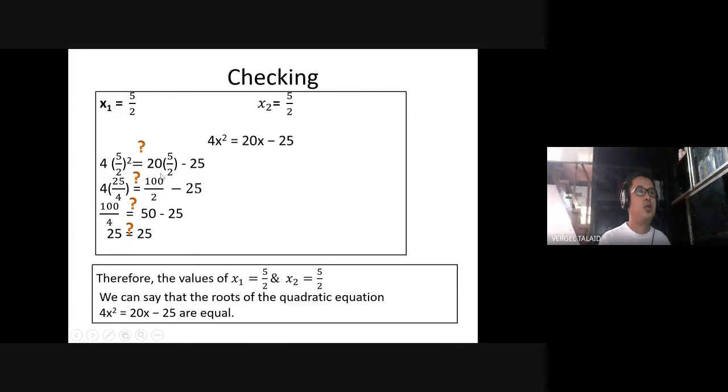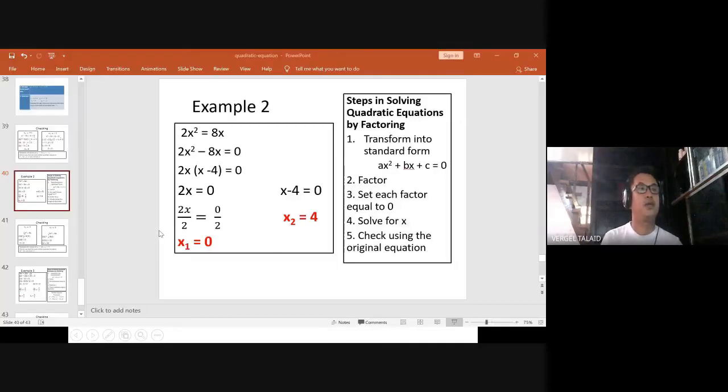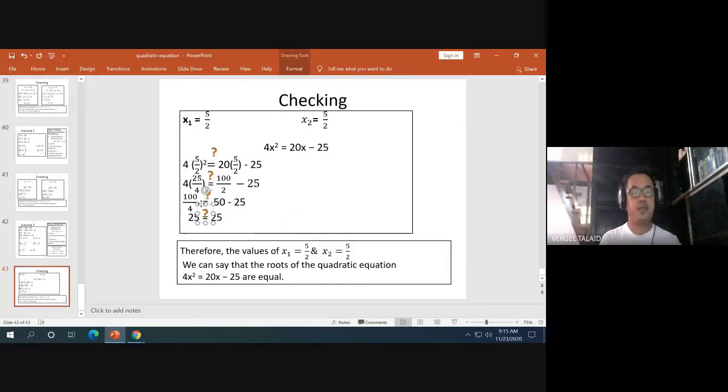The same with the other side: 5 times 20 is 100, divided by 2 is 50, minus 25 is equal to 25. So 25 is equal to 25. So therefore, the values of x sub 1 is equal to 5 over 2 and x sub 2 is 5 over 2. So we have here two equal roots.